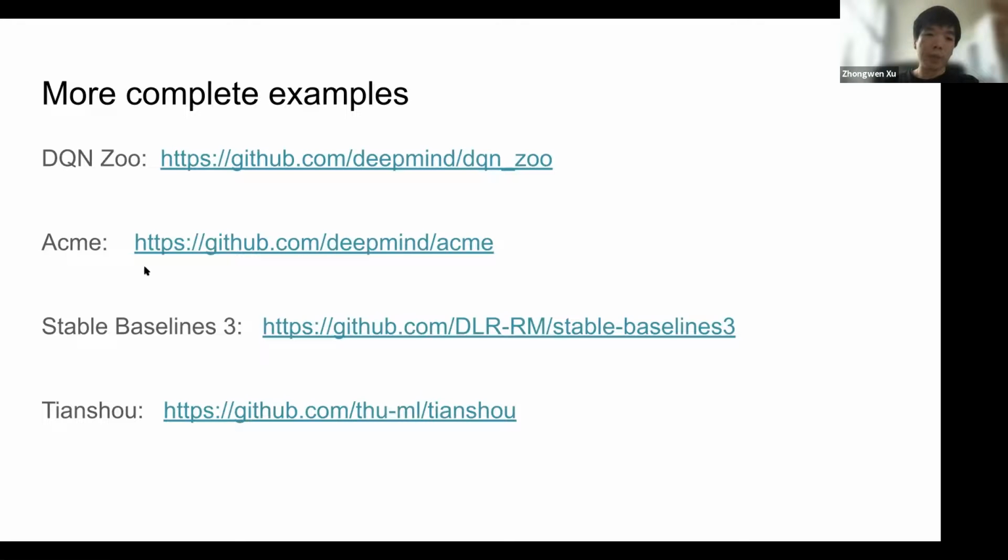So ACME allows you to implement the agent in various kinds of forms. It provides many reference implementations, and I think you can run it in a distributed setup. So instead of using a single GPU or single machine, ACME can really scale up.